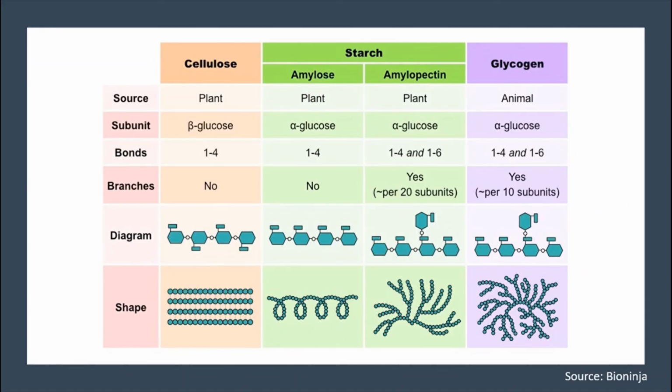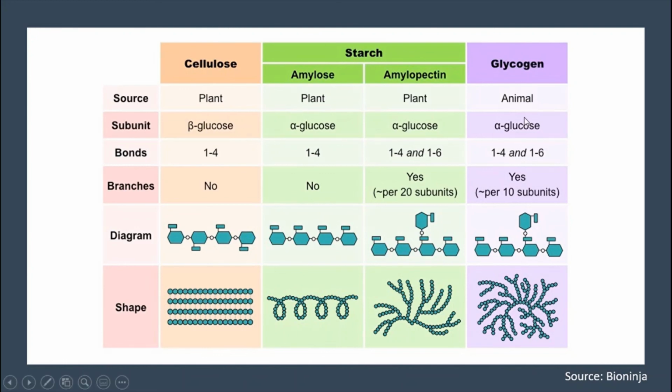Here's a nice table from BioNinja that compares these polysaccharides. So we have cellulose, starch, and glycogen, and then starch can be further broken down into amylose and amylopectin. We know that cellulose and starch are found in plants, whereas glycogen is found in humans.